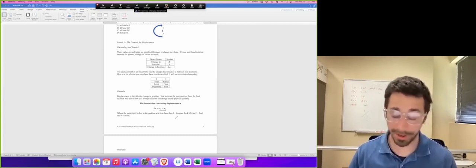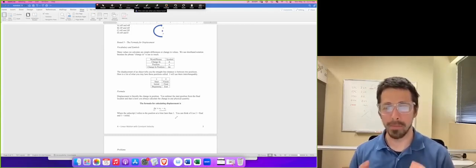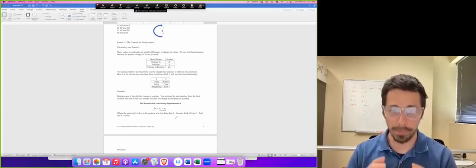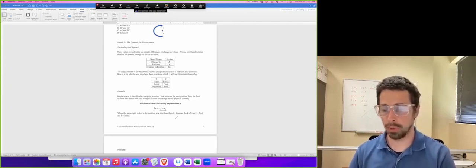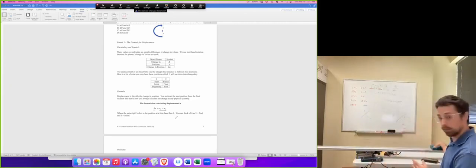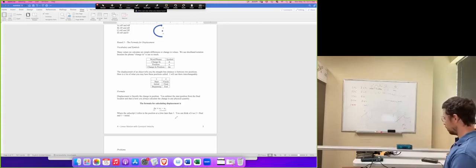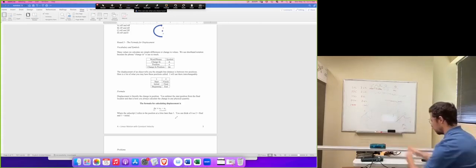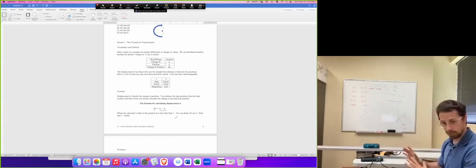So there's a lot going on here, guys, right? What do these symbols mean, right? They have a meaning to them in regards to what's happening in physical space, right? Boom, boom. There is a position 1, a position 2. There is a change in position from 1 to 2, right?